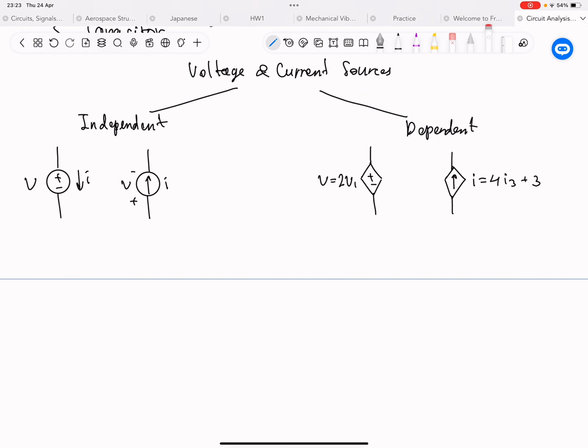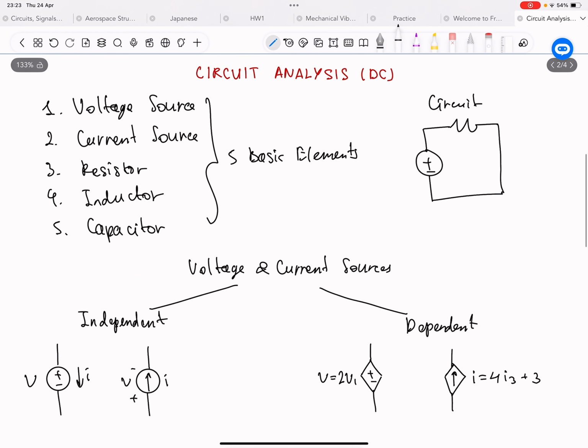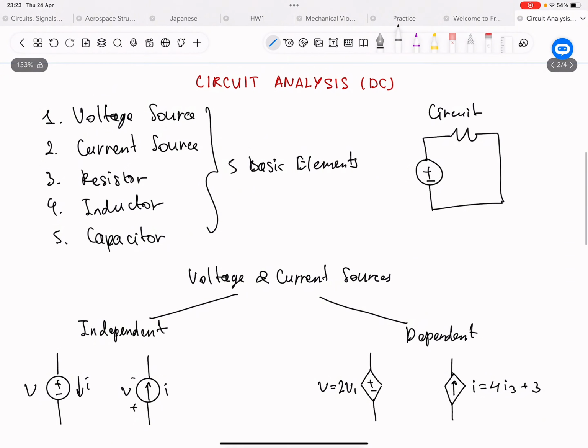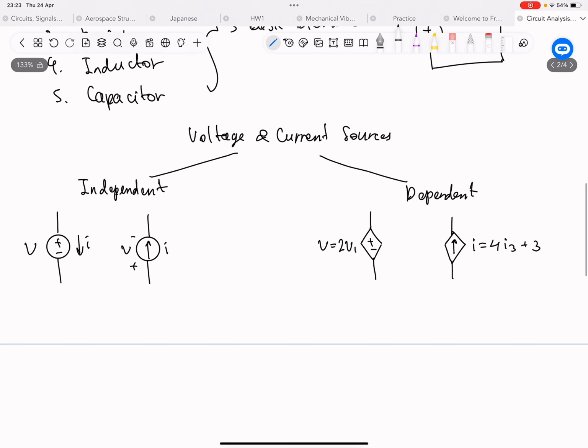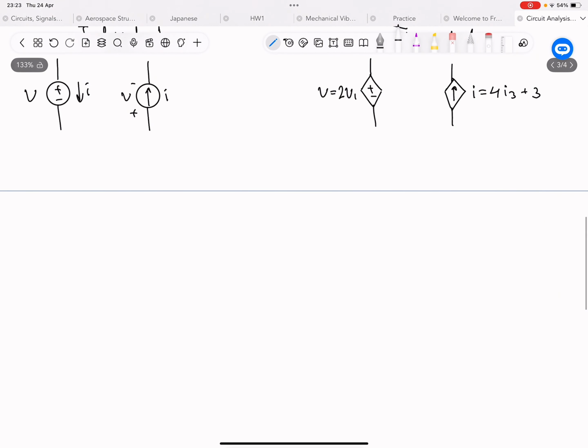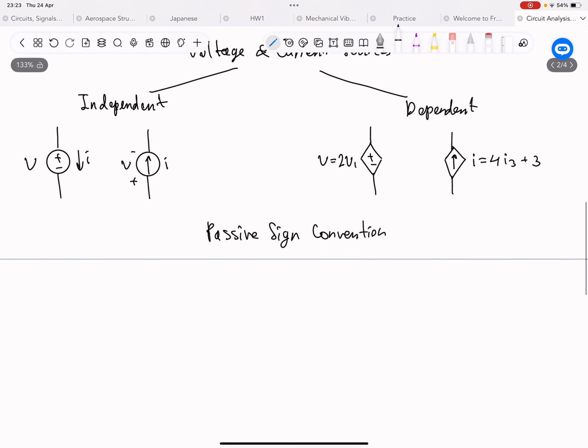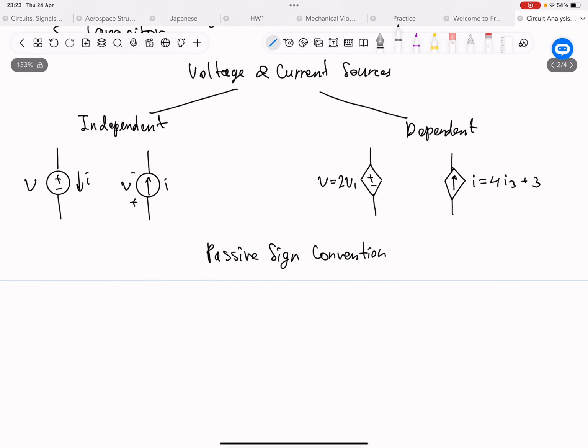Let me talk about passive sign convention as well, because it is one of the most important things that we need to know in order to progress in this course.